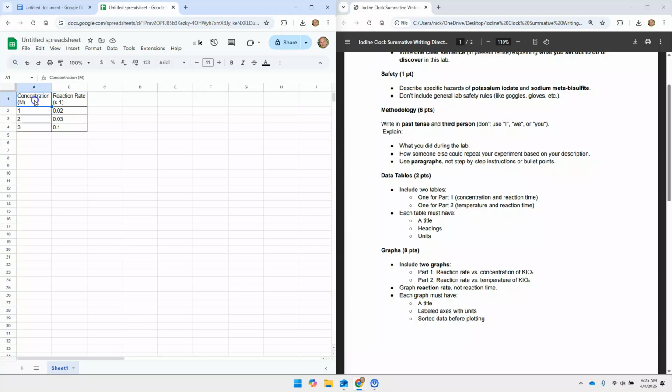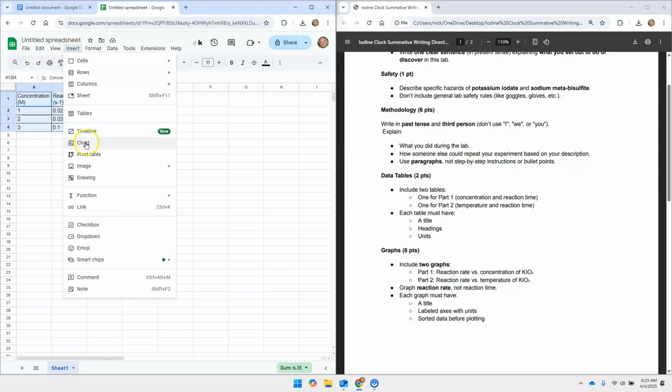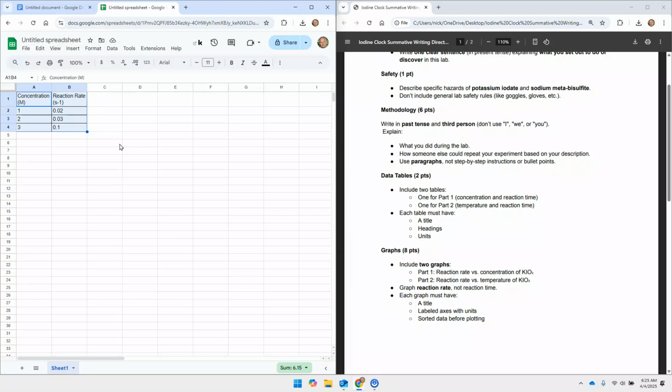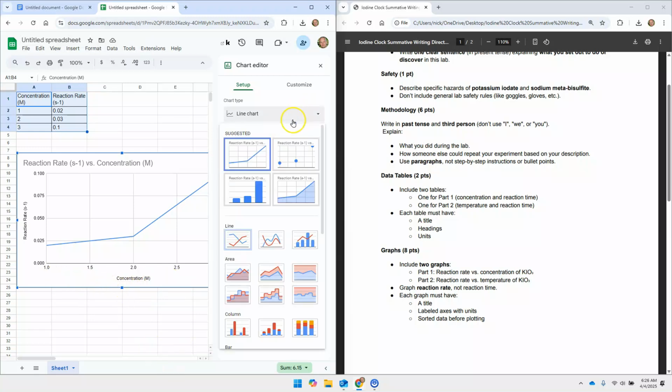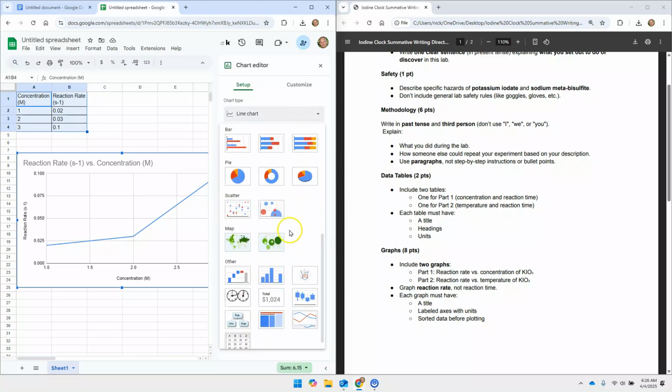Okay, so I'm going to insert a chart. So I'm going to highlight these cells. I'm going to go Insert, Chart. Okay, reaction rate should be on our y-axis. We changed the concentration. That should be on our x-axis. And I want to use a scatter plot.